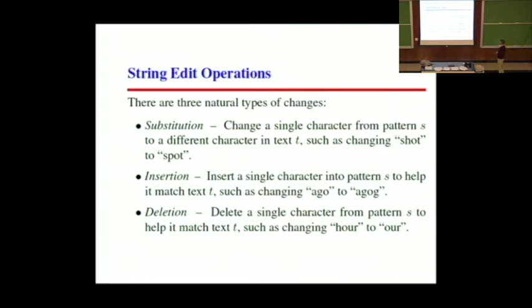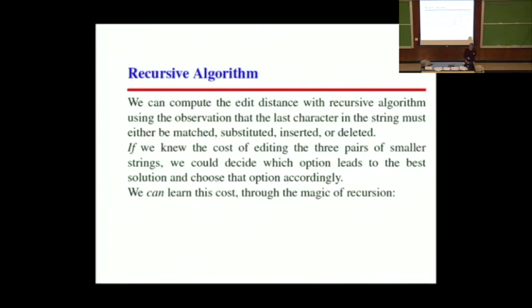In this connection, we're going to make all the changes to S to get it to equal T. And we might either decide to add in a letter to S or decide to delete a letter from S. Any questions? Okay. So the edit distance, given two strings, is the minimum number of changes you need to convert one string to another.